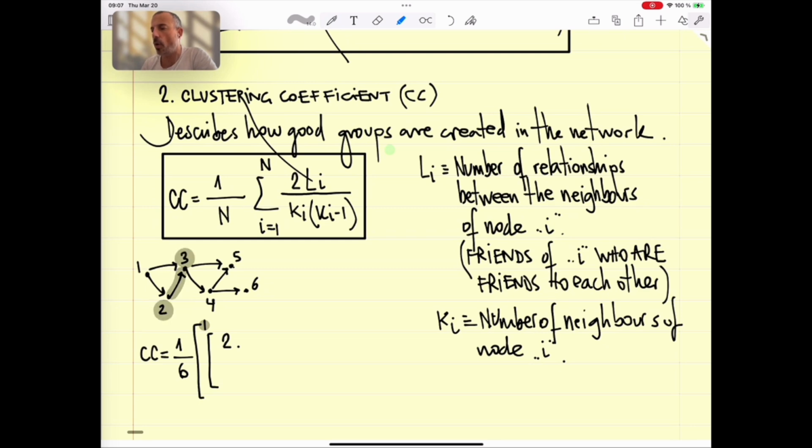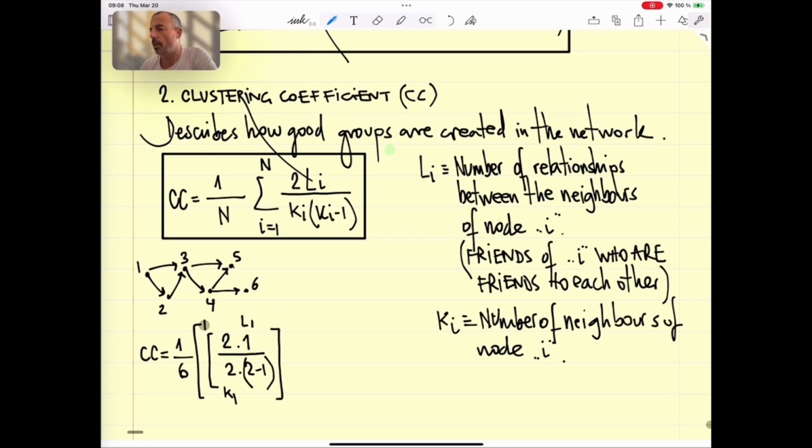So there is one connection between 3 and 2. So this means our value here of L1 is 1, divided by how many nodes are connected to 1? 2. So this is K1 times 2 minus 1. Okay? Does it make sense?